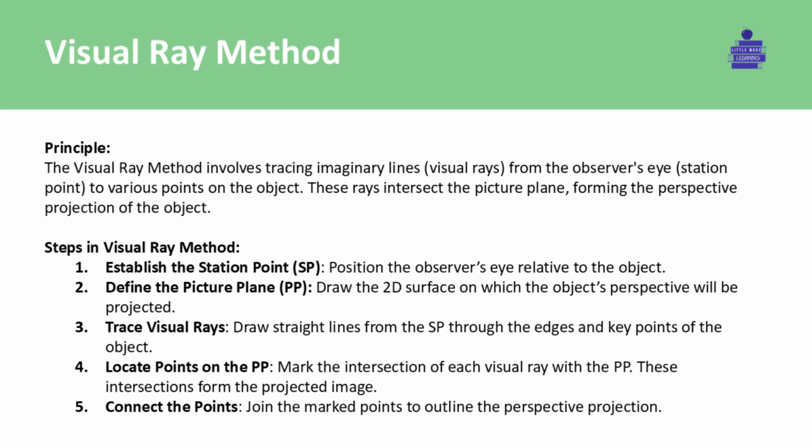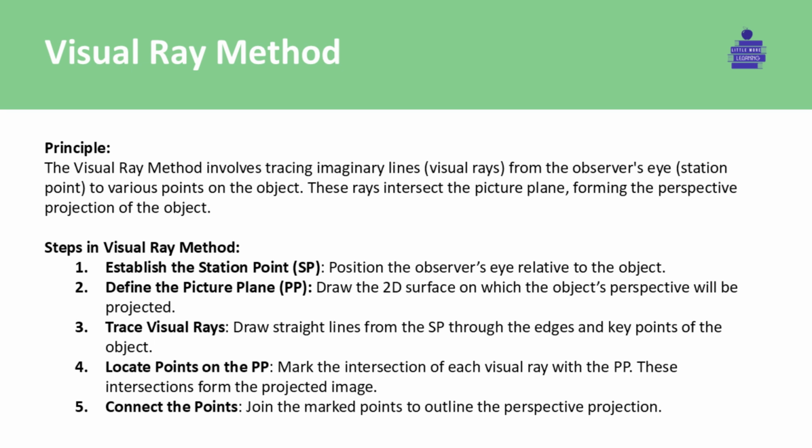It's like capturing a 3D object by mapping where each of its points would appear on a window you're looking through. Let's break down the steps. First, we establish our station point. This is where we, the observer, are standing. Then we define our picture plane, which is like setting up an invisible window between us and our object.